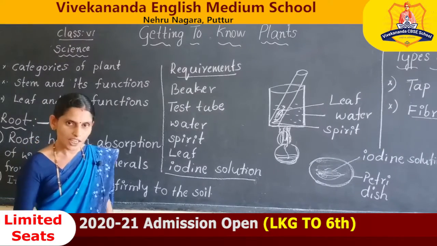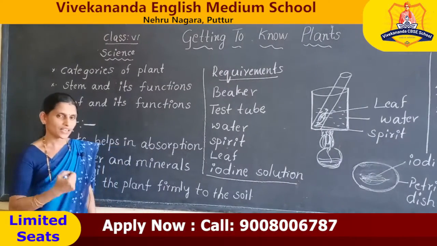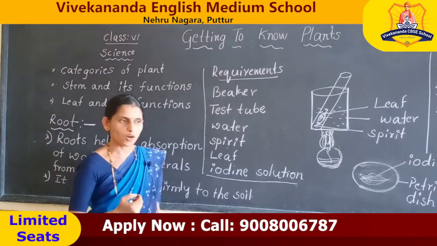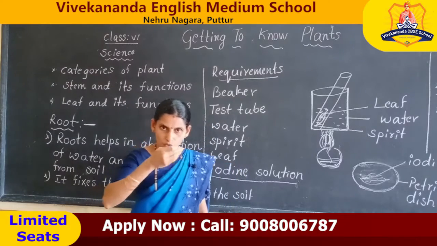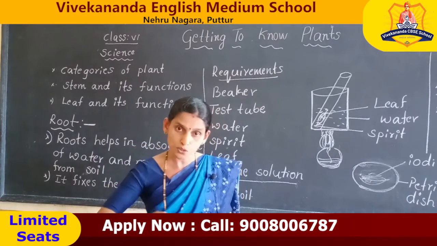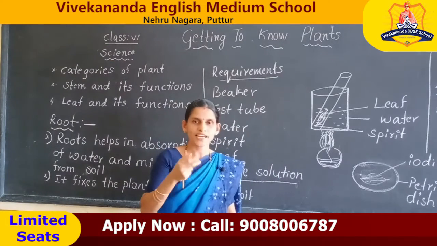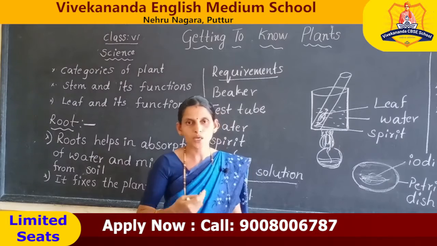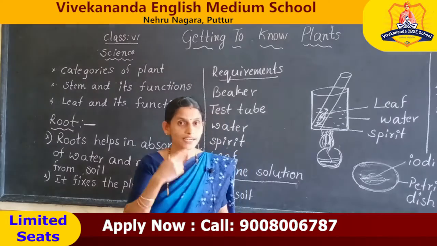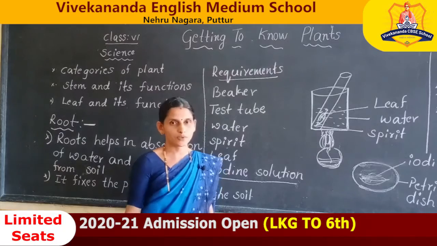Children, when we conclude the functions of root, leaf and stem, we can say that roots absorb water and minerals from soil, whereas a stem conducts water to the upper parts of the plant, whereas leaves use water and prepare food, which helps in photosynthesis, and also transpiration takes place through the leaves.